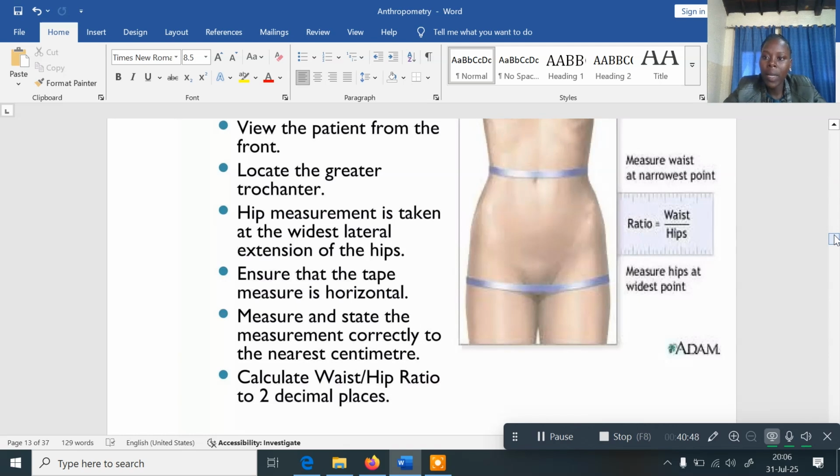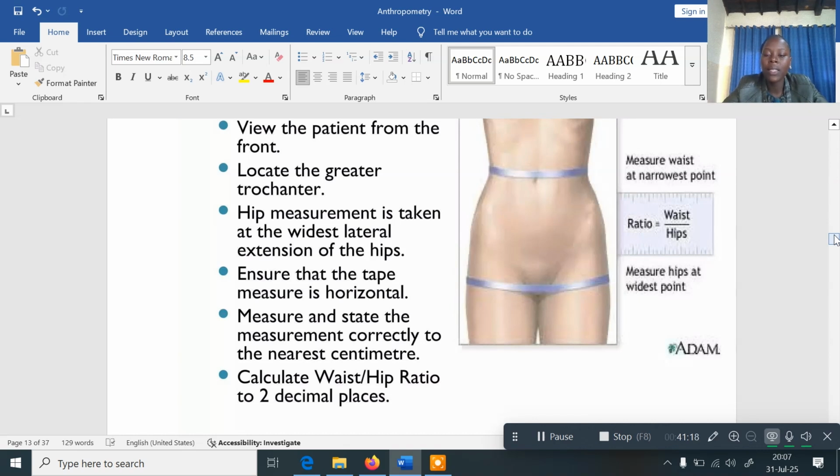We started by looking at how we take someone's weight. Then we looked at how we take someone's height. Then we looked at how we can calculate the BMI from the weight and height. So next we are looking at the waist hip ratio. We have seen how we can take someone's waist circumference, and we have also seen how we can take someone's hip circumference.